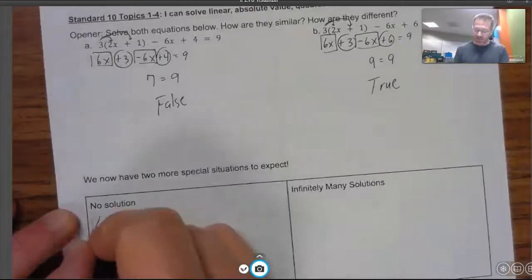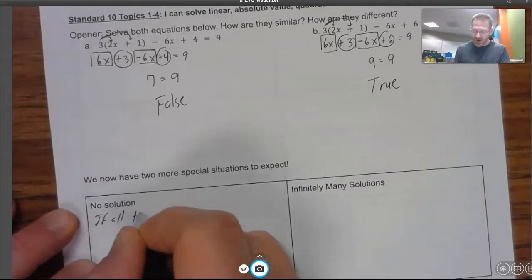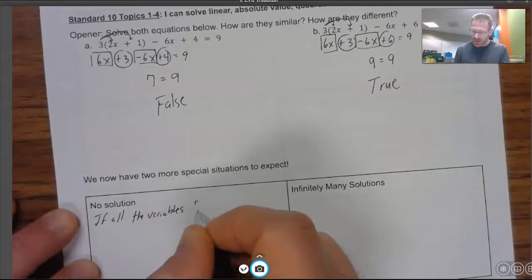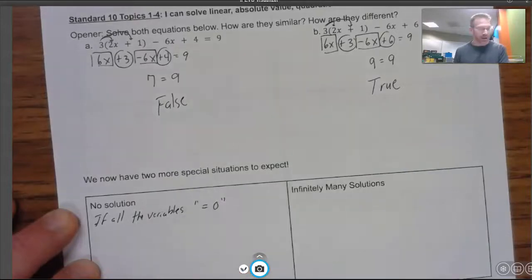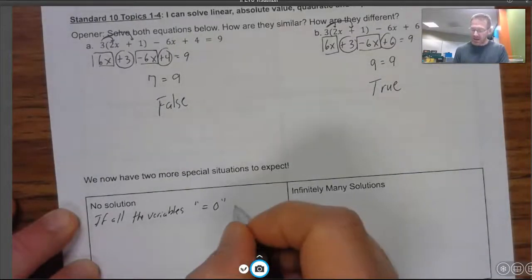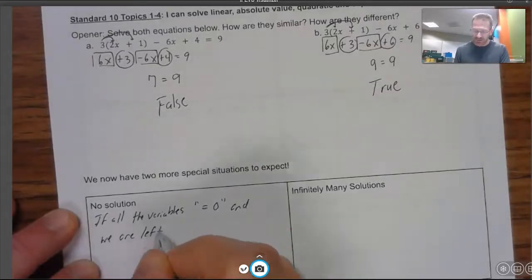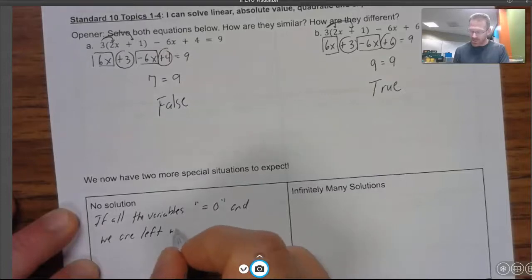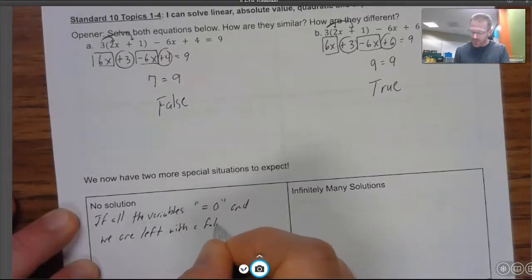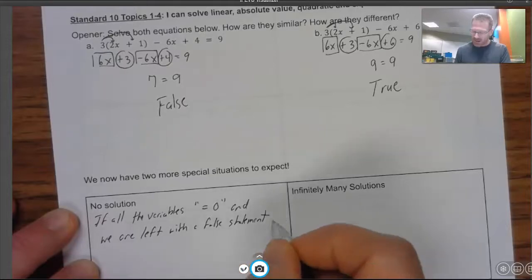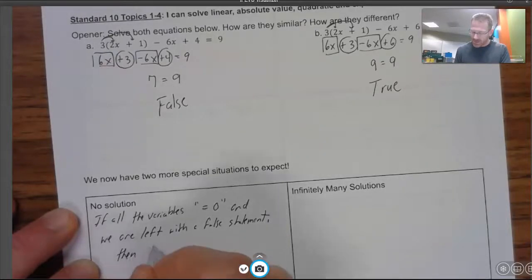If all the variables are equal to 0, and we are left with a false statement, then this is a no solution.